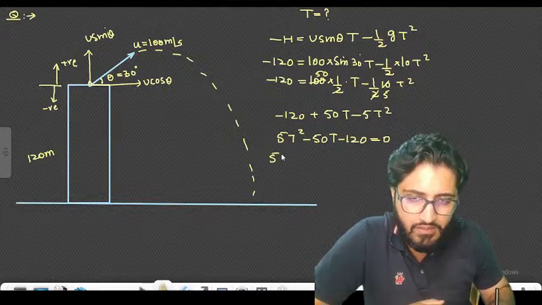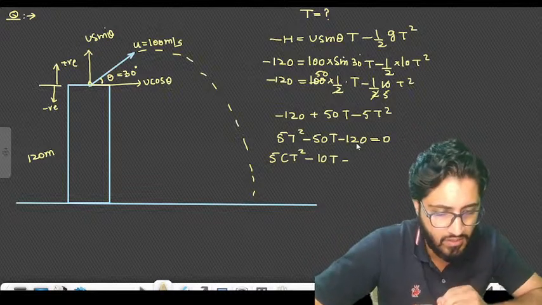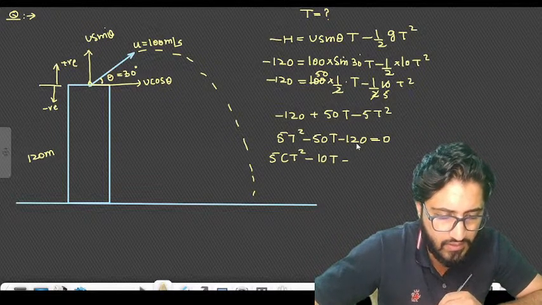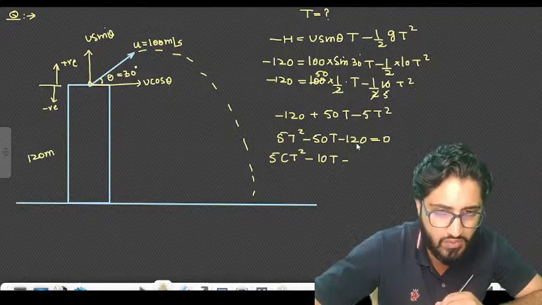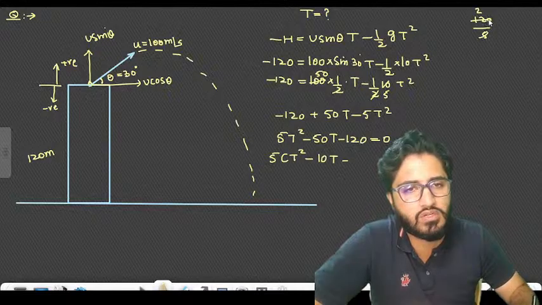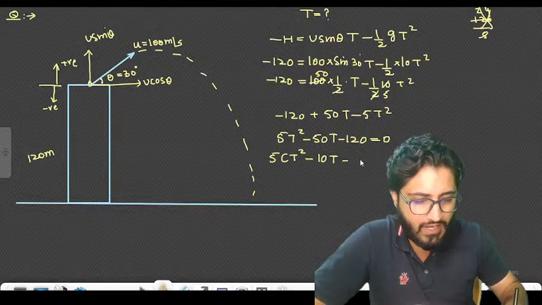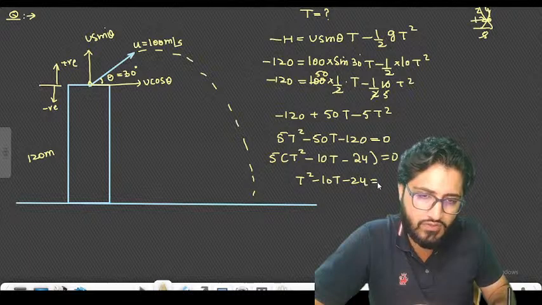I can take 5 common, so 5t square, 50 by 5 is 10, 10t. Then 120, so 5 common, 120 by 5, 5 twos are 10, so 24. So we are having here minus 24 equals to 0. My equation came out to be t square minus 10t minus 24 equals to 0.